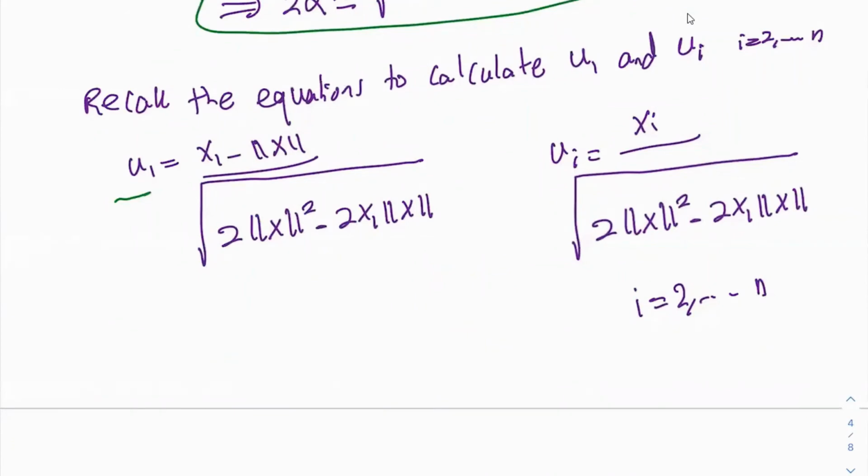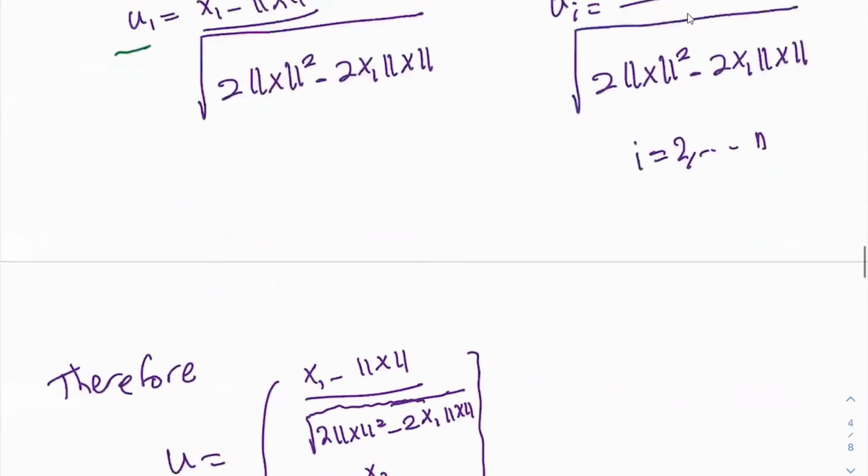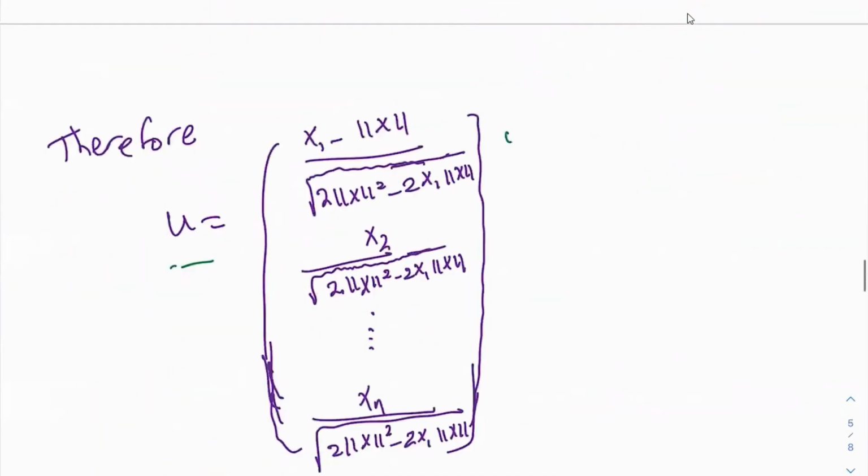So if you write it in an element-wise vector format, you get u equal to this. This is the first element that we had here. This is u1, this is u2, all the way to un. And this is how you find the u for the QR factorization. So if you find this u, and using this u, find P, or let's say H naught, equal to I minus 2 u u transpose, and you multiply by x.